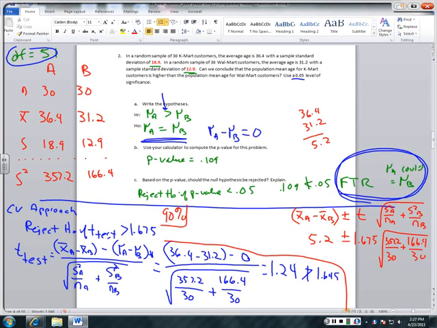And so I get 5.2 plus or minus basically 7.